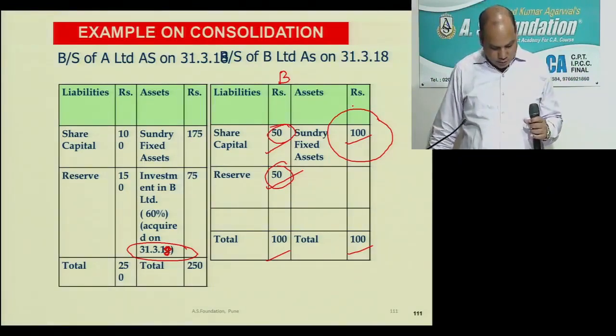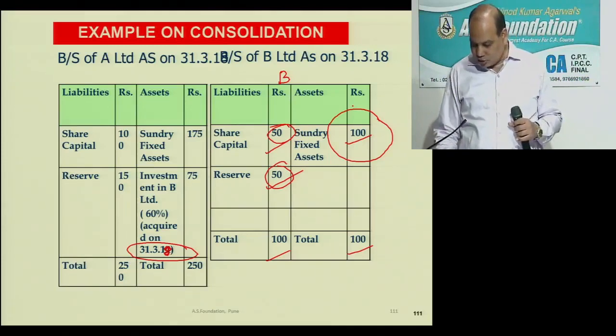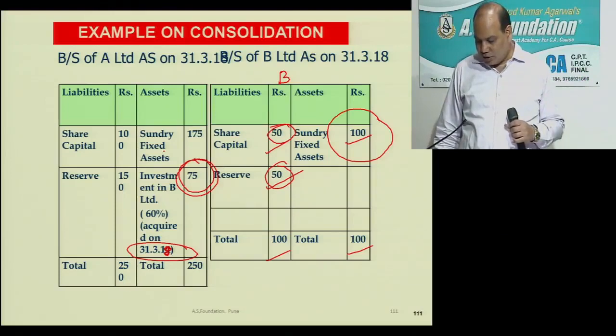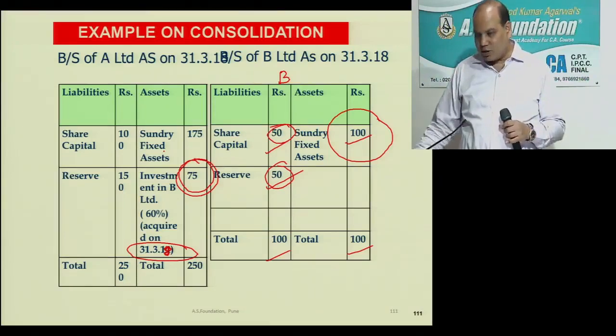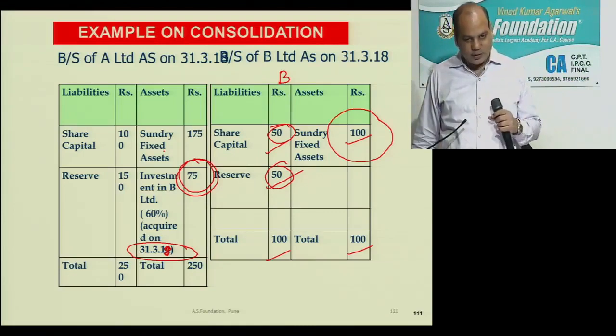So what is the total of the liability side so far? 290. Is it 290? And what about the asset side? Goodwill. Goodwill will be, cost of acquisition is 75 and share in net asset is 60% of 100. 60. So what is the difference? Right, 15. And what about the fixed asset?